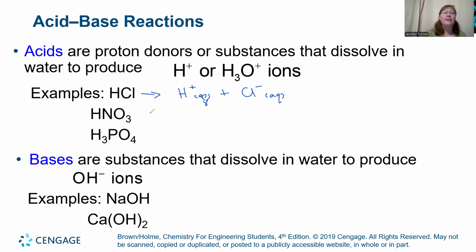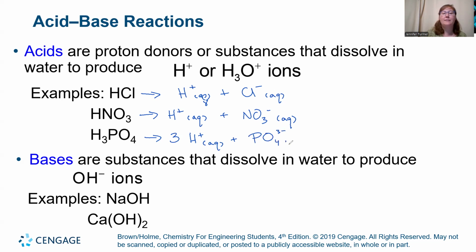HNO3 forms H plus and NO3 minus. And H3PO4 forms 3H plus and PO4 3 minus when it's dissolved in water.